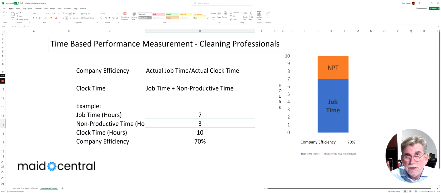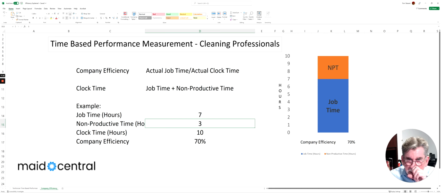And when you're figuring out if you're paying incentive pay, like commission pay, you need this company efficiency number to figure out how you translate your target hourly rate to some percentage of revenue that you want your cleaning professionals to get.